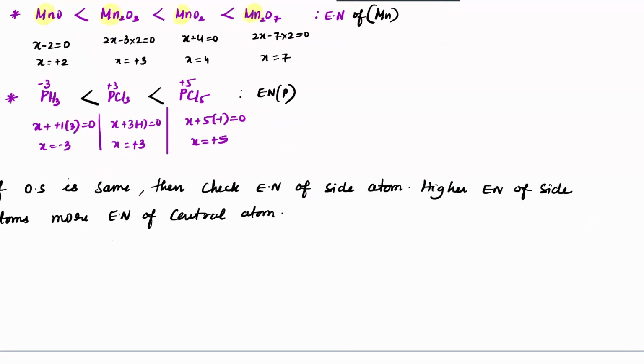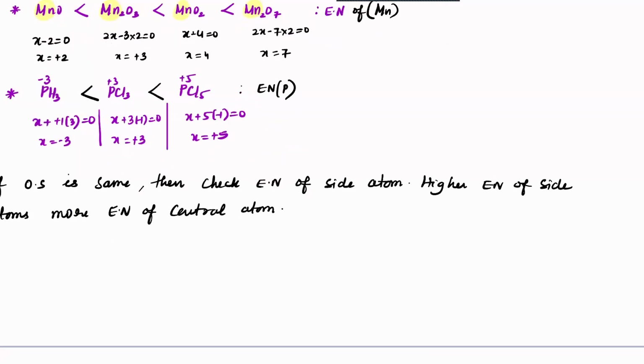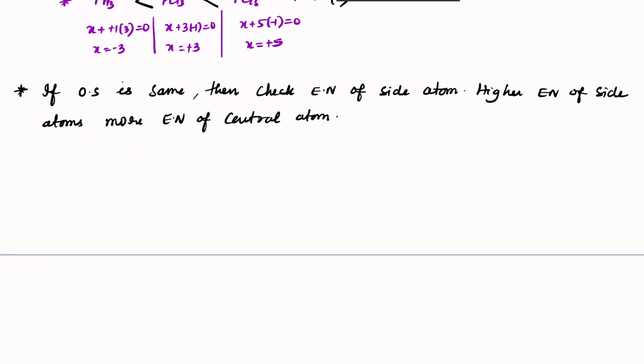So if we check out PF3, PCl3, PBr3, and PI3, electronegativity-wise we know that fluorine is greater than chlorine, which is greater than bromine, which is greater than iodine. Since fluorine is more electronegative, that also makes this phosphorus more electronegative.